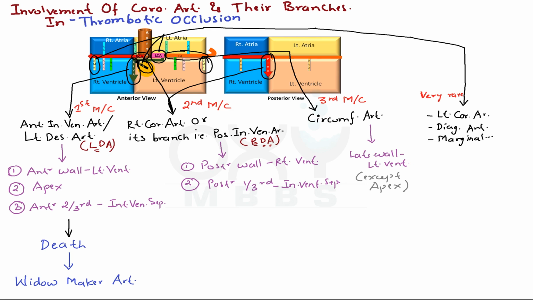Now the second most common artery involved in the thrombotic occlusion is the right coronary artery or its branch, the posterior interventricular artery. The posterior interventricular artery is also called the right descending artery, and its short form, RDA, is most commonly used.